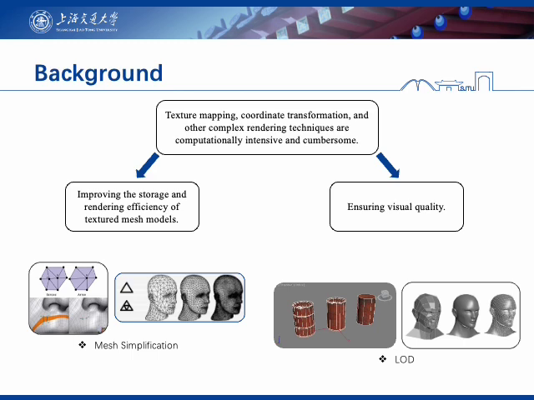Texture mapping, coordinate transformation, and other complex rendering techniques are computationally intensive and cumbersome. So in applications such as mesh saliency and game LOD, improving the storage and rendering efficiency of textured meshes while maintaining visual quality is crucial.